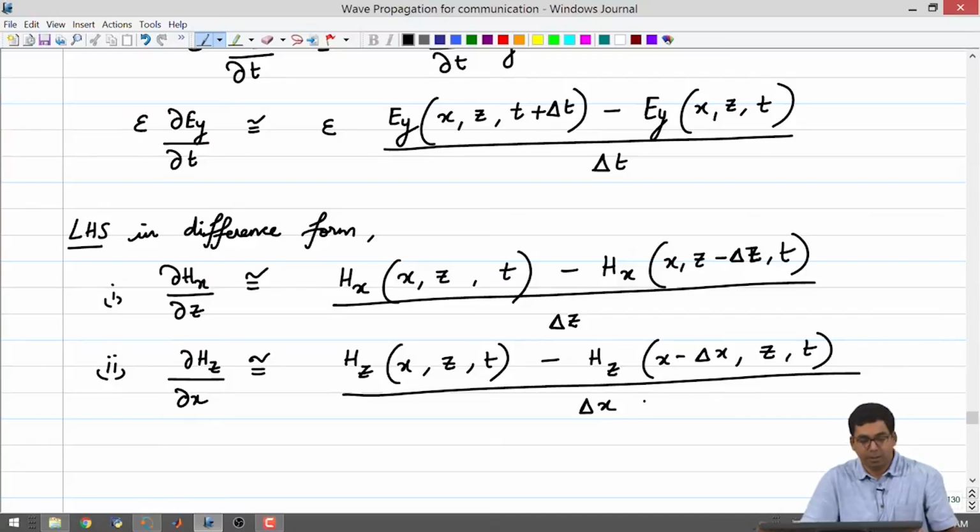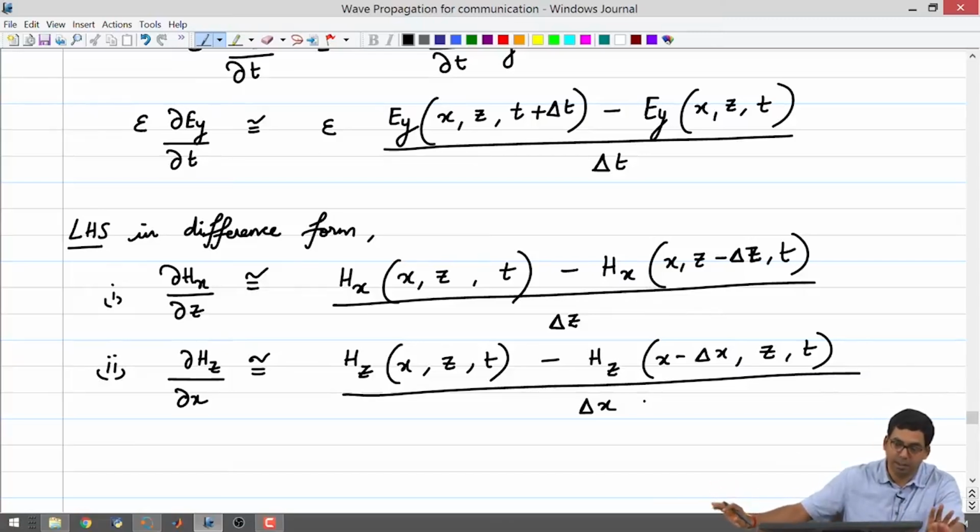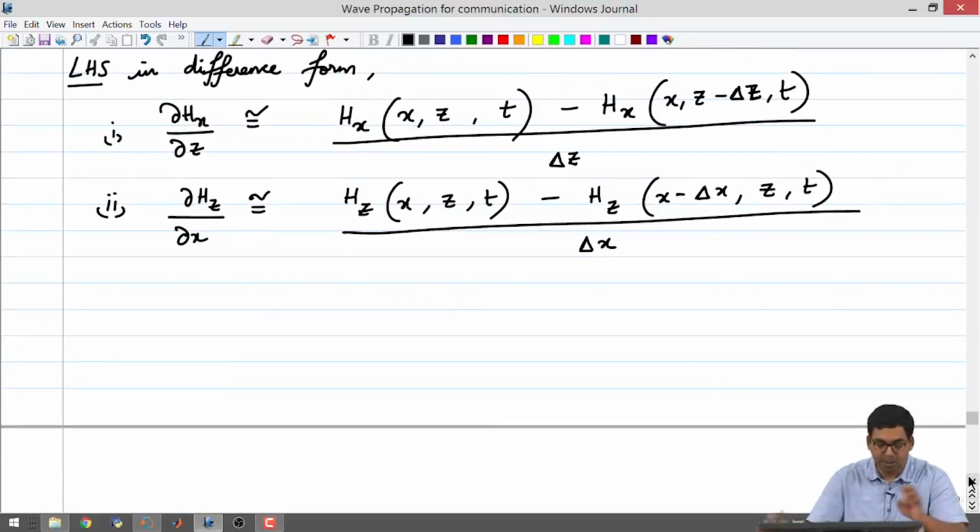This would be the difference form. So, we have to take the left hand side, right hand side, equate, push one unknown quantity to the left side and have all the other quantities to the right side. So, in this case I will just write down the expression that we will get.